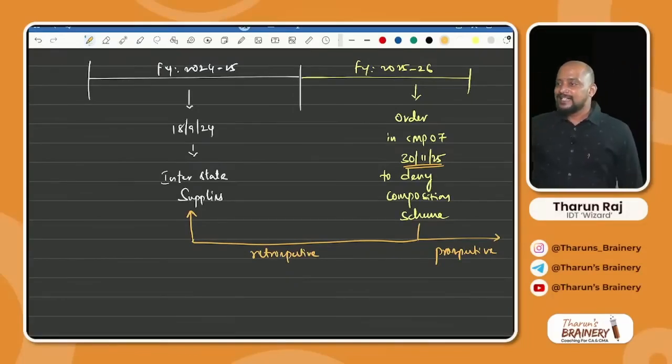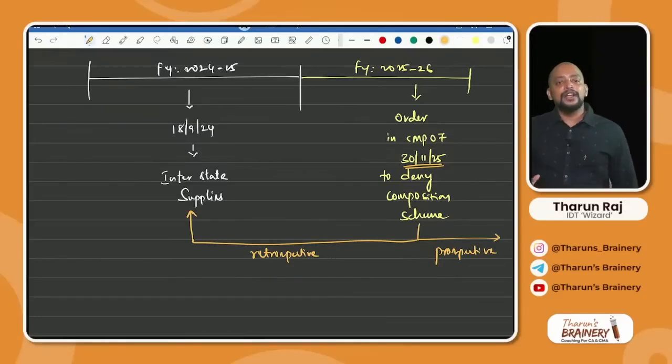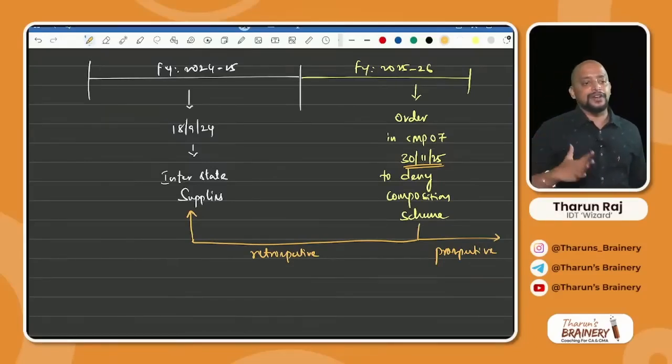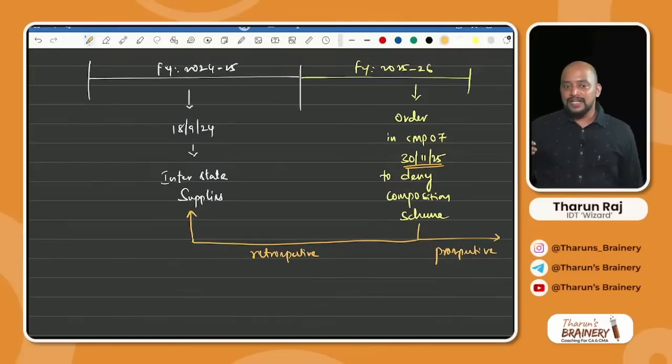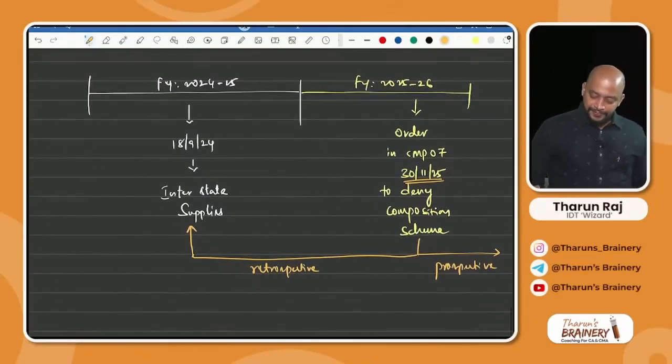You understood? It can be either prospective or retrospective, but not before 18/9/2024. Is it clear here? So that is the maximum time by which they need to do that. So not before 18/9/2024. Understood with respect to this? So that is this point.